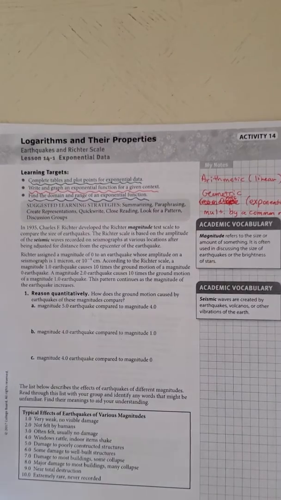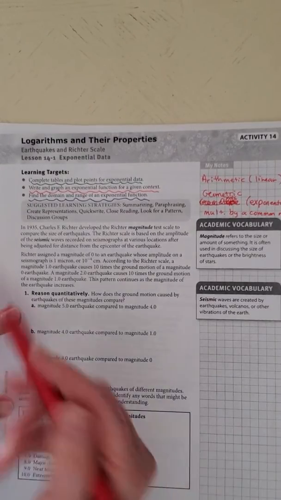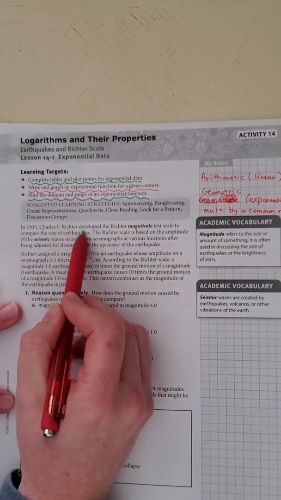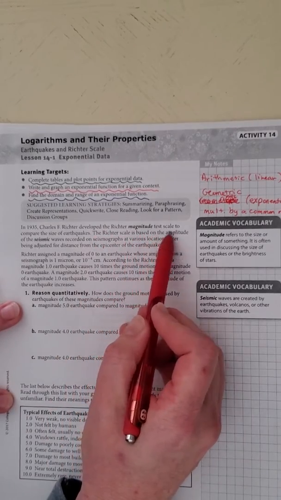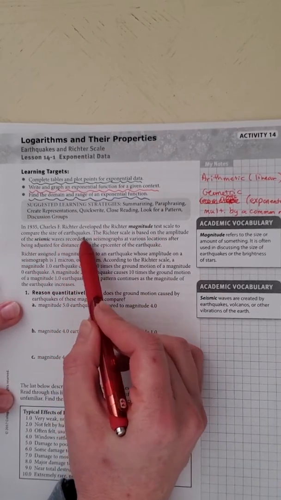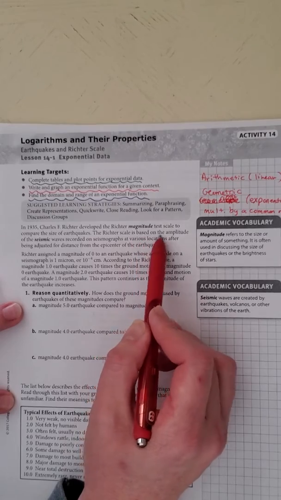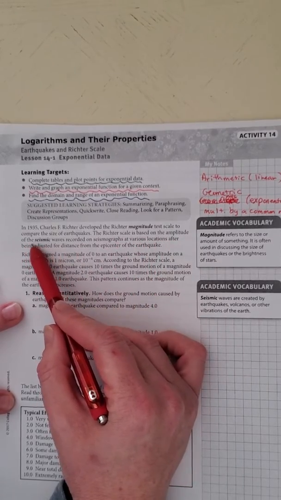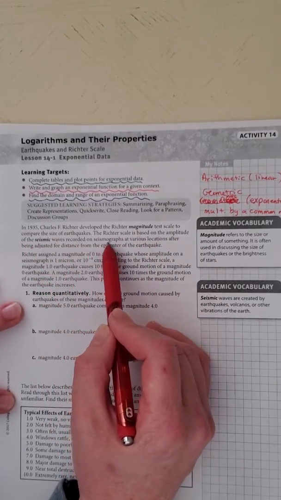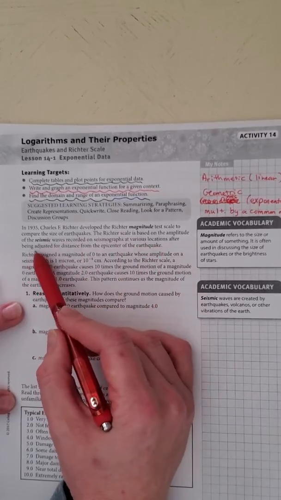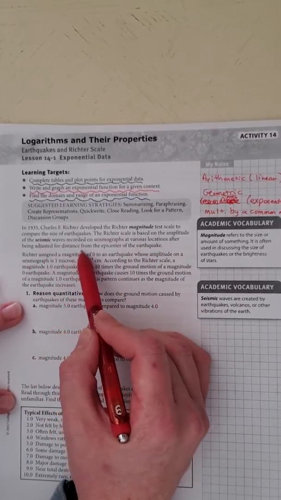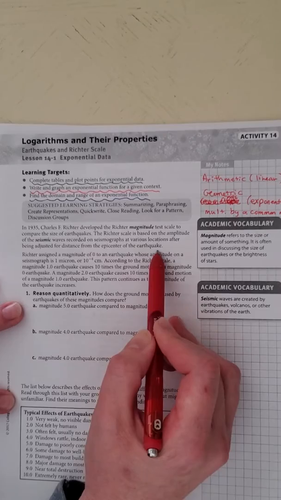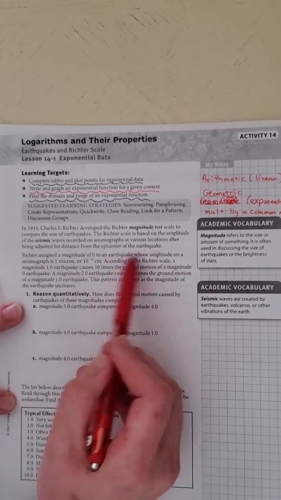All right, so we all know what an earthquake is, but in 1935, Charles F. Richter developed the Richter magnitude scale to compare the size of earthquakes. The Richter scale is based on the amplitude of seismic waves recorded on a seismograph at various locations after being adjusted for the distance from the epicenter of the earthquake.